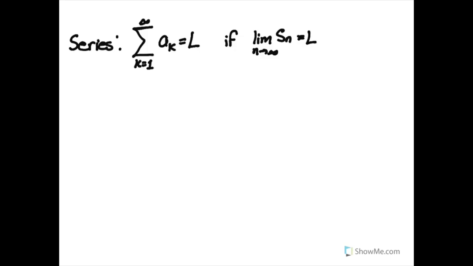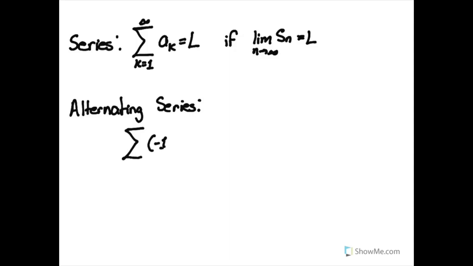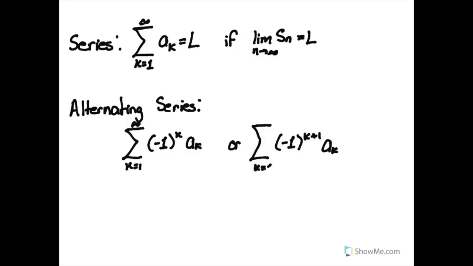In the last lecture, we talked about alternating series, which have the following form. So it's (-1)^k a_k, where k equals 1 to infinity, or (-1)^(k+1) a_k, k equals 1 to infinity.